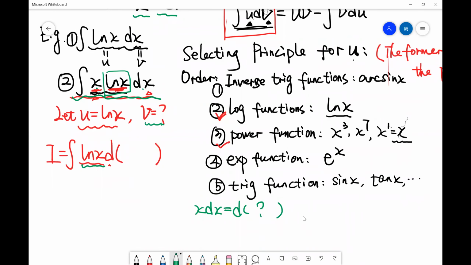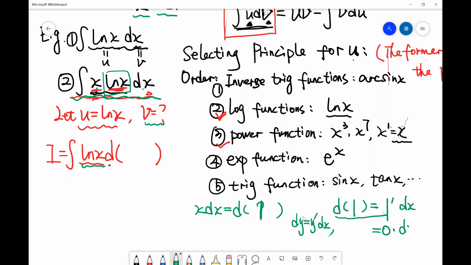Is it 1? Really, 1? If you think it is a constant 1, don't forget that dy equals y prime dx, right? So d of 1 equals 1 prime dx, and 1 prime equals 0.